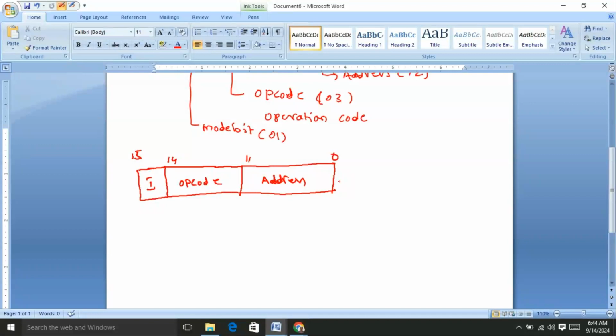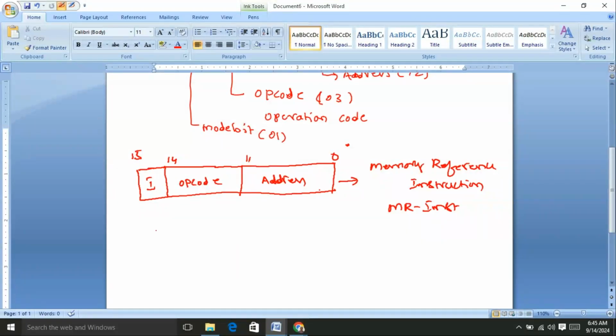This format of instruction is known as the memory reference instruction, simply MR instruction. These instructions are used to fetch the data or instructions from the memory.